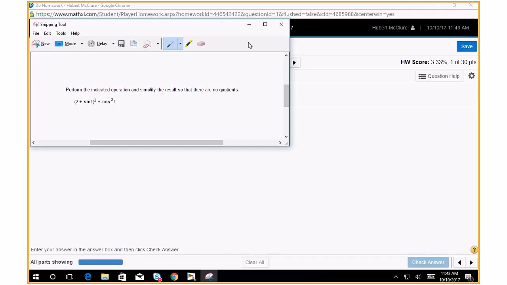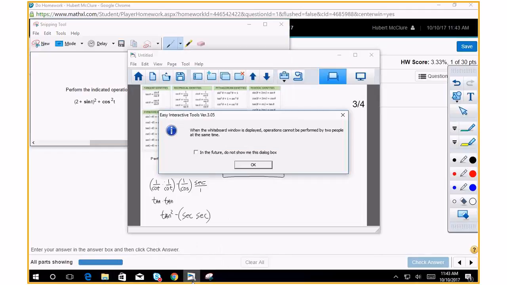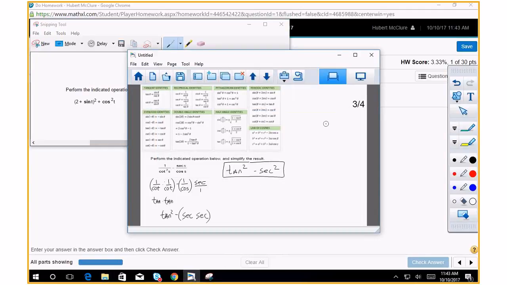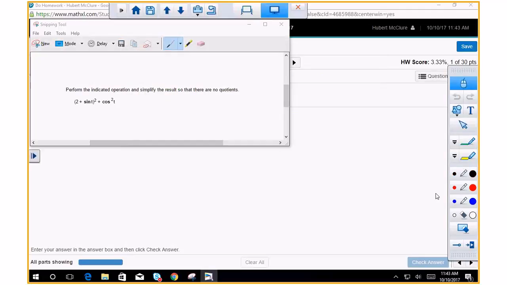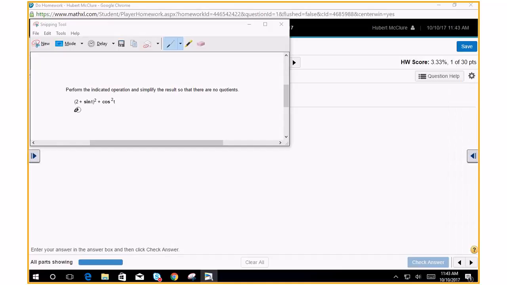Students can't think. I'm going to try that. Just take that and see what happens. I'm just going to use the clear board. So this is A plus B quantity squared, which is equal to A squared plus 2AB plus B squared.